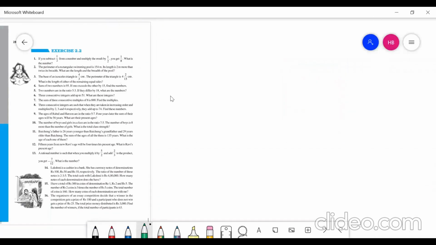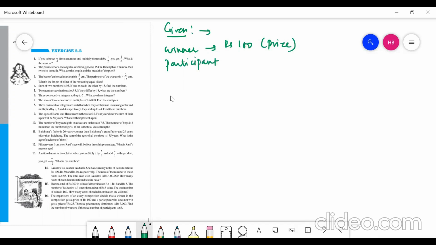So what is the information given to me in this question? There is an essay writing competition in which the winner gets rupees 100 as a prize, and the participants who do not win get rupees 25 as prize money.